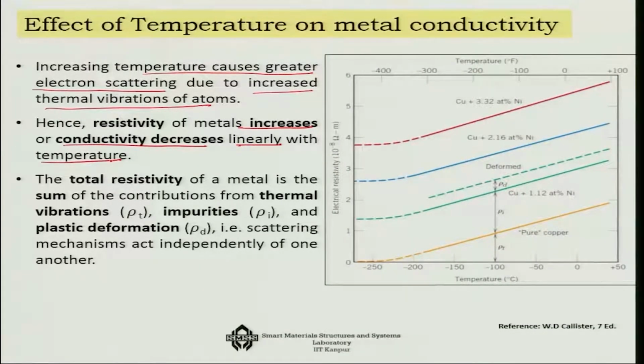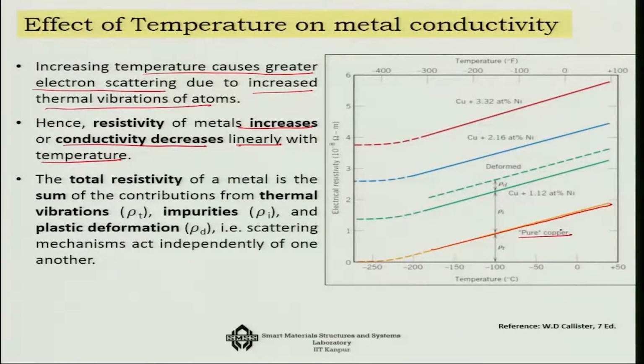So, instead of allowing the electrons to freely cross this gap from the valency band to the conduction band, what happens is that it increases the electron scattering, and as a result this free flow gets hampered with the increase of temperature. As you can see in this plot, for pure copper, from minus 200 onwards, the resistivity is continuously increasing.